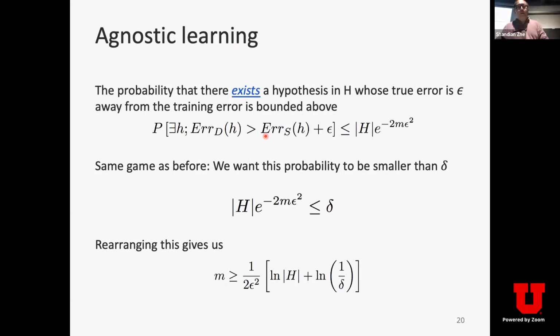But I want my true error to be close to the training error. I don't want my training error to be just 5% but the true error to be 20%. That's not something I want to happen. But this is a probabilistic event, because the training depends on the training data, and the data itself is random. So there must exist some probability that your true error is quite a bit bigger than the training error.